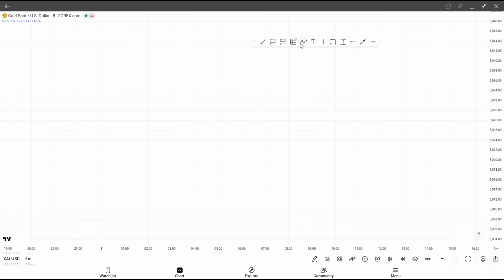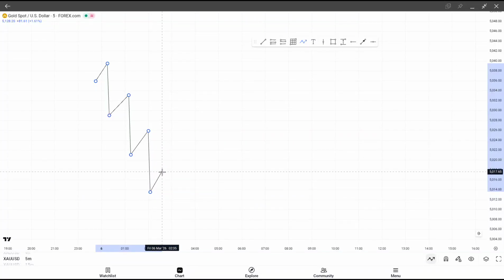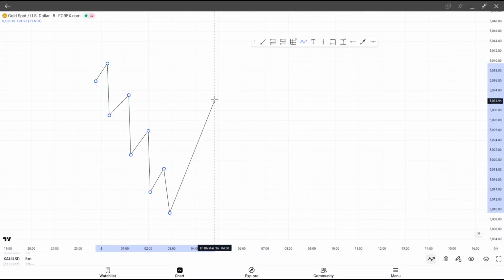A market structure shift is an indication that the market is about to reverse and go to the opposite side. I think you understand what I'm saying. For example, let's say this is a bearish market, and the market is trying to reverse to the upside.